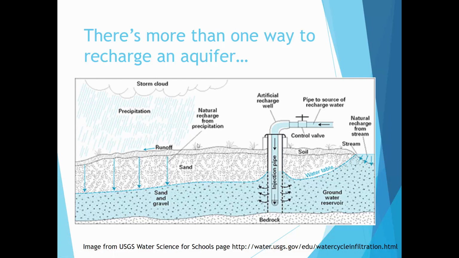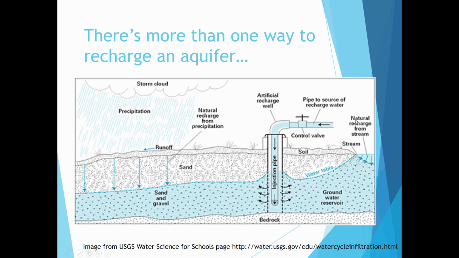That's the natural way to recharge an aquifer, but sometimes we want to recharge aquifers, especially in the desert, and so when we want to store water for later use, we can inject water into the ground, and then that water gets stored in an aquifer.